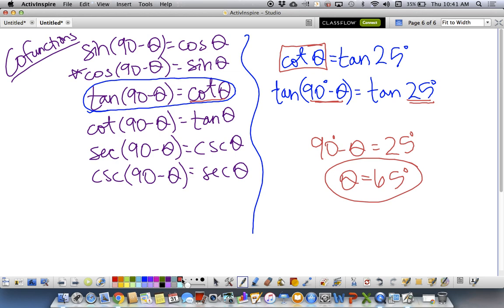So cotangent 65 equals tangent 25. So really, it's just complementary functions.